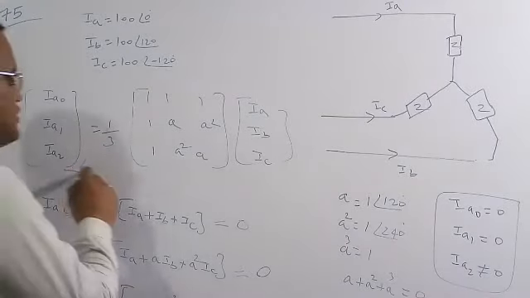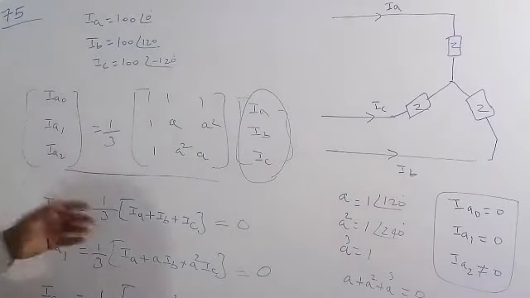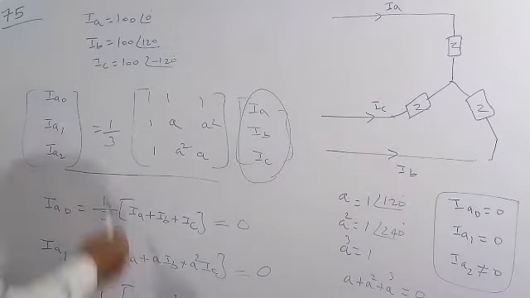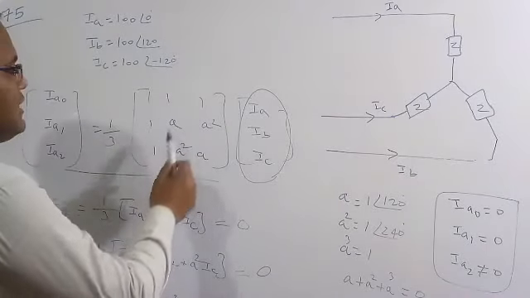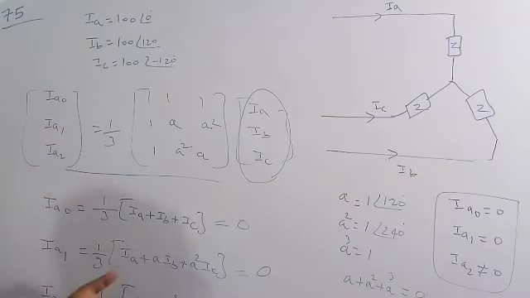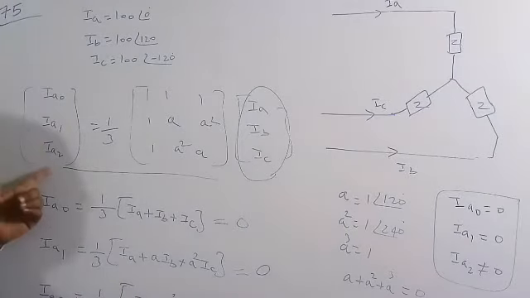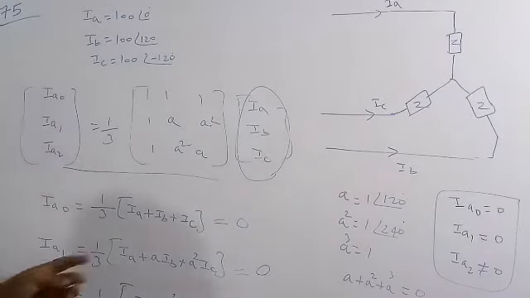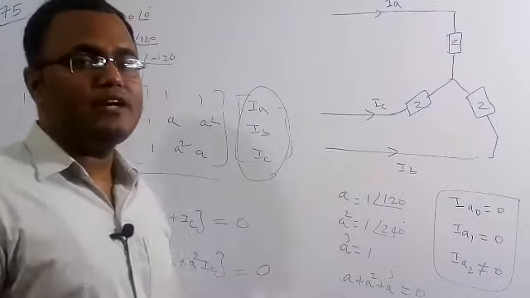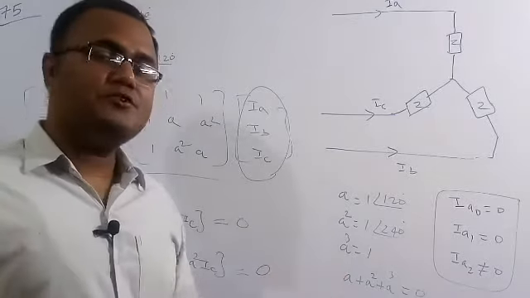By this formula we are going to convert the line currents into 0 sequence current, positive sequence current and negative sequence current. So this is 1 by 3 into the matrix with 1 and A square. So this is the formula. As we all know, A is nothing but the operator 1 angle 120 degree, A square is equal to 1 angle 240 and A cube is nothing but 1. So if you do the addition, 1 plus A plus A square is equal to 0.